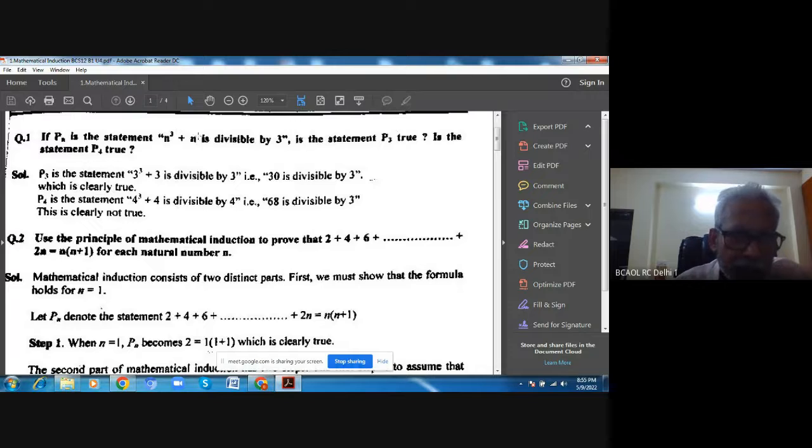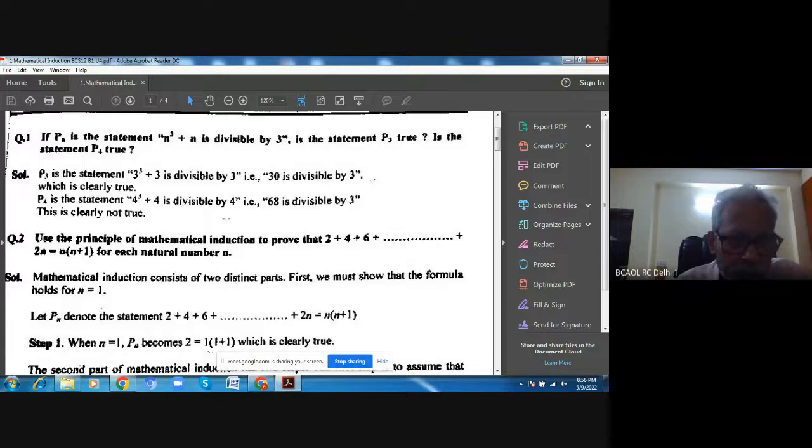In this statement, in one case you have 3, in another case 4. So you have to identify that in case of P3, it is true. We have to calculate it. Yes, true. But P4 is not. If we consider 4, again he is asking whether it is divisible by 3.